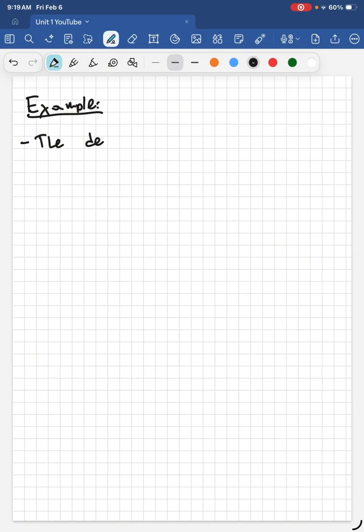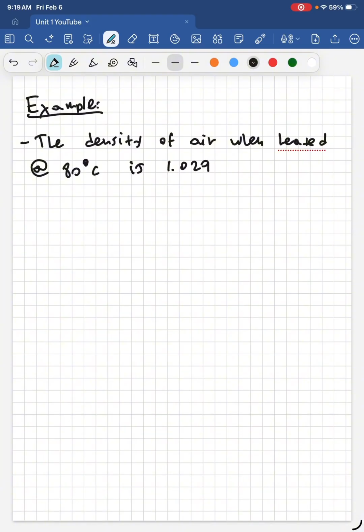So the density of air when heated at 80 degrees Celsius is 1.029 kilograms per cubic meter.